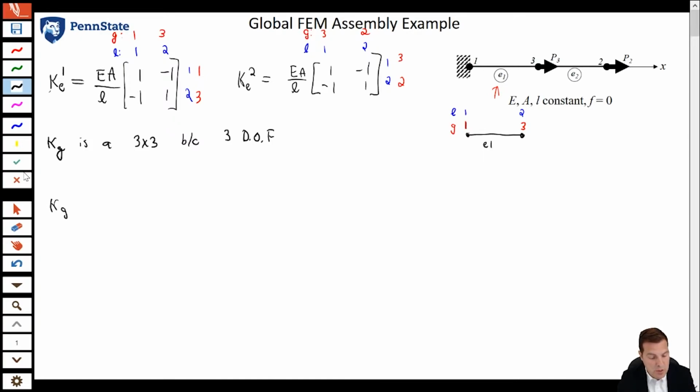And I really should be doing 2 lines underneath these because these are tensors. That's how I denote tensors on paper. So Kg, let's make some space for it. So we'll have a 3 by 3. I can make it a little easier here, and let's just do some lines to split it up.